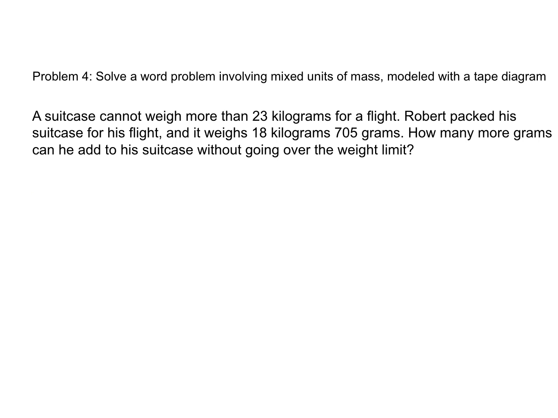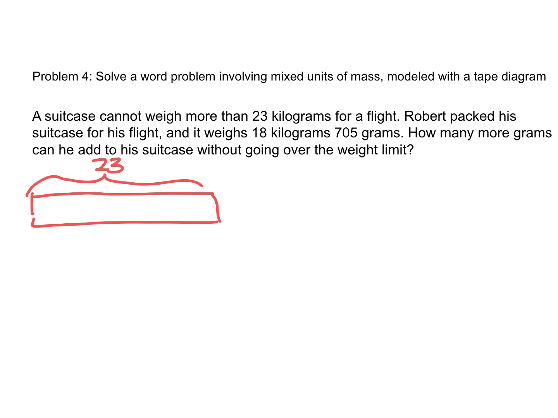So what we have here is a total. What's our total? Well, our total is the 23 kilograms that his suitcase can weigh. It can't weigh any more than that. Right now, his suitcase weighs 18 kilograms, 705 grams.